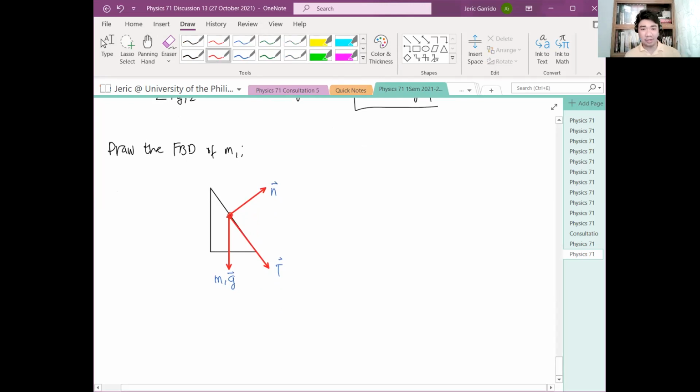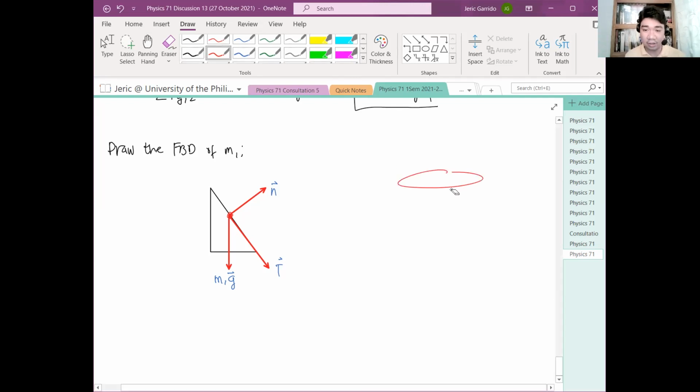Now the second question is, what is the direction of the acceleration of the particle? This is crucial because it will be our basis for determining the tangential velocity that we want. Remember that M1 is rotating. Umiikot siya. Therefore, if I enlarge this figure, I have a funnel here. The box here is moving in this direction.